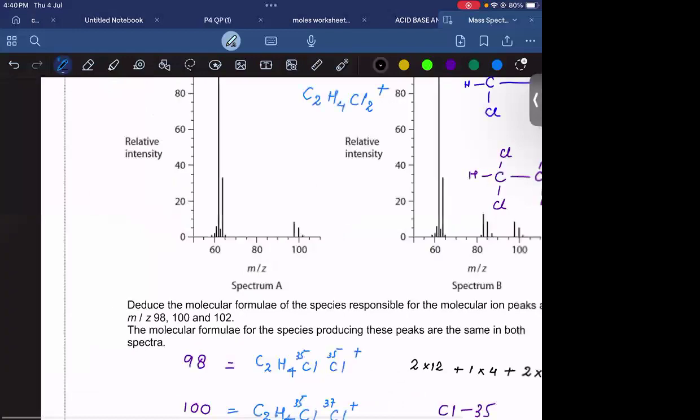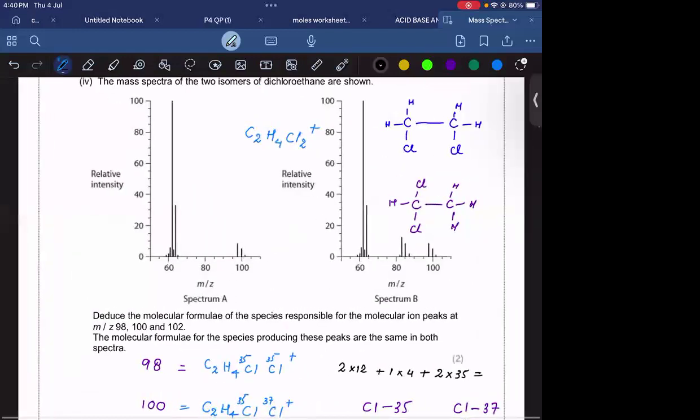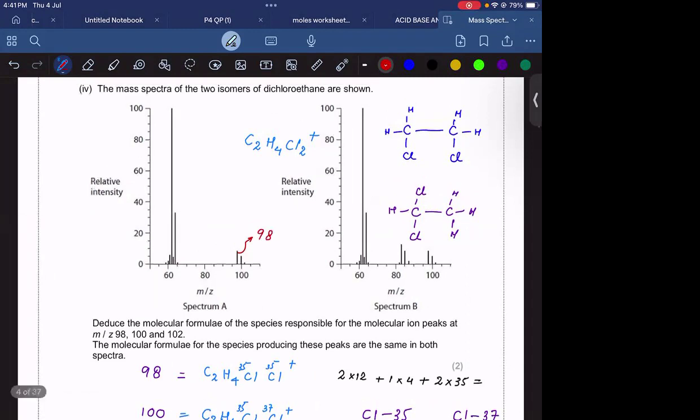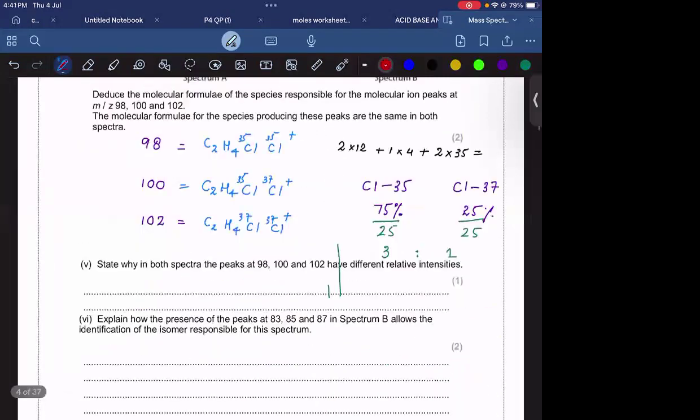So basically, this is the peak which is of 98, and what they have mentioned is 98, 100 and 102.